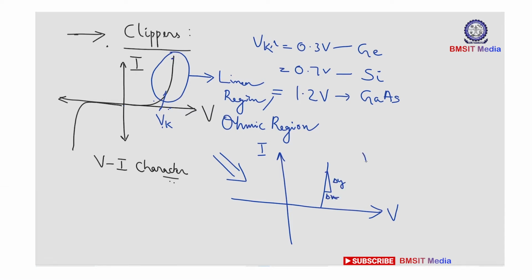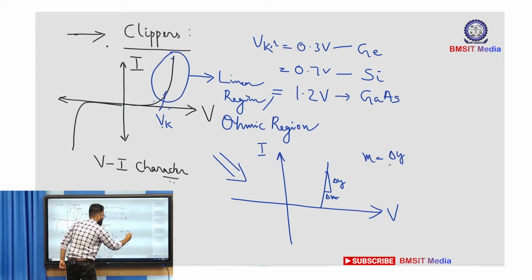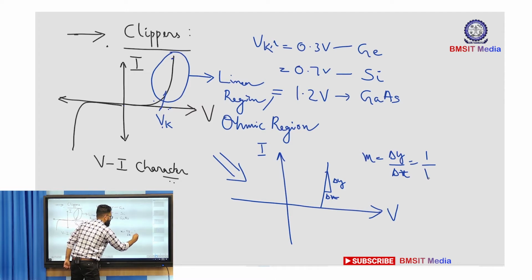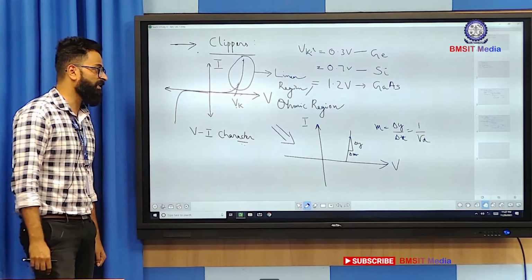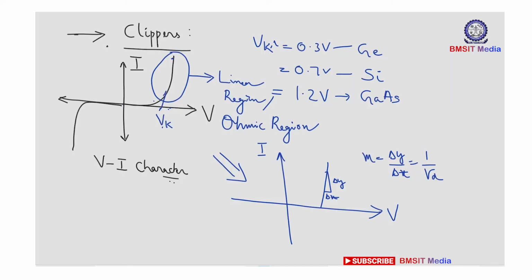So m is equal to delta y by delta x basically gives the reciprocal of the dynamic resistance of the diode. Okay. So this particular model is called as first approximation. All right. And this is the threshold voltage.